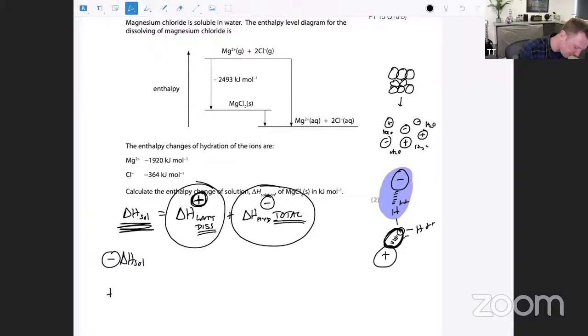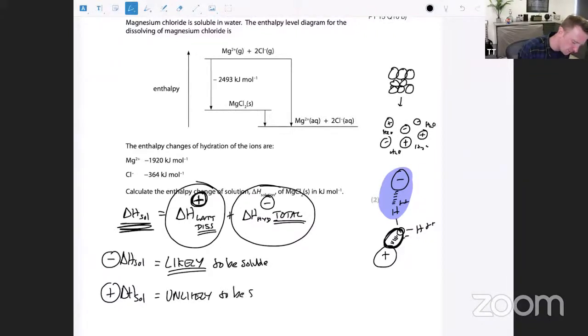If it's negative or if it's positive, what can we say about the outcome of this in terms of their solubility? Negative means soluble? Absolutely, okay? So a negative delta H sol means it is likely to be soluble. This is unlikely to be soluble.